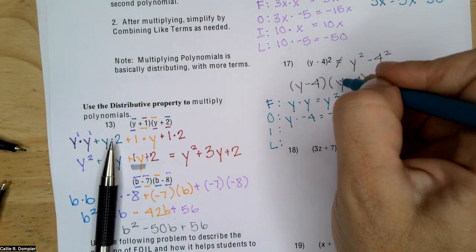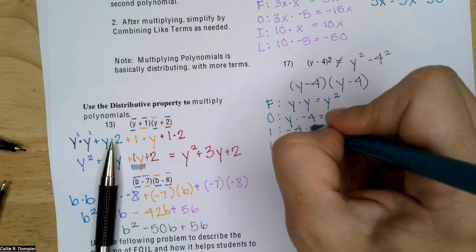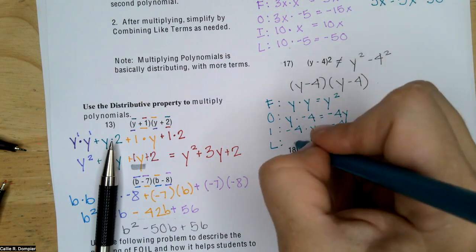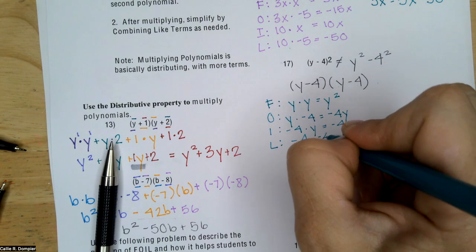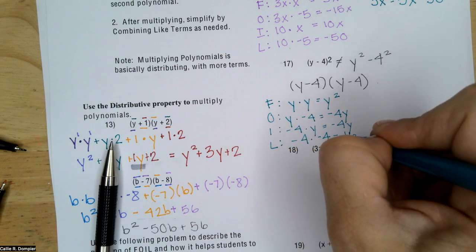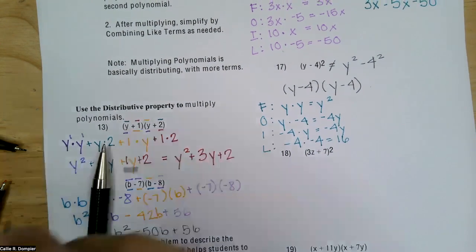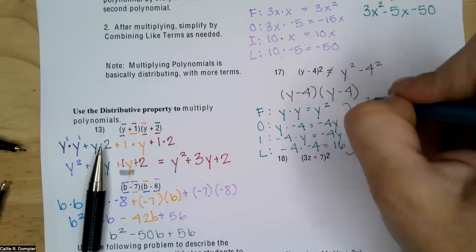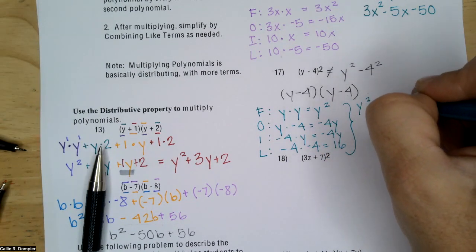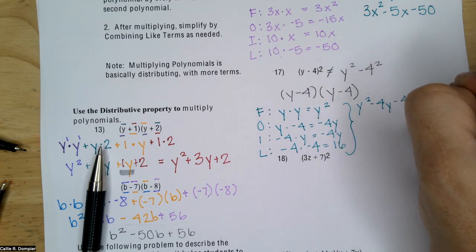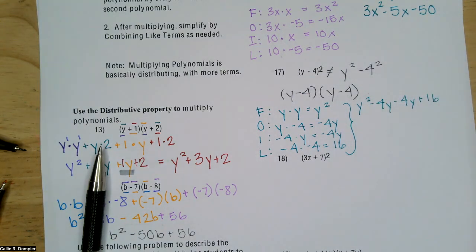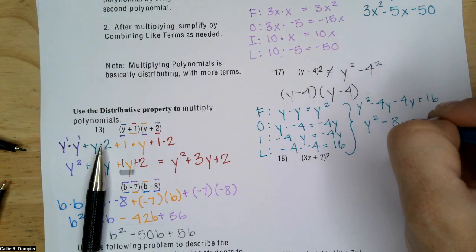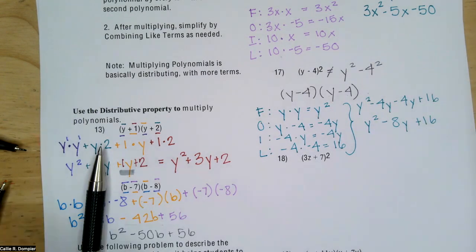Inside would be -4 times y. And last would be -4 times -4, which is positive 16, because a negative times a negative is a positive. So that all becomes y squared minus 4y minus 4y plus 16. Combine like terms: y squared minus 8y plus 16.